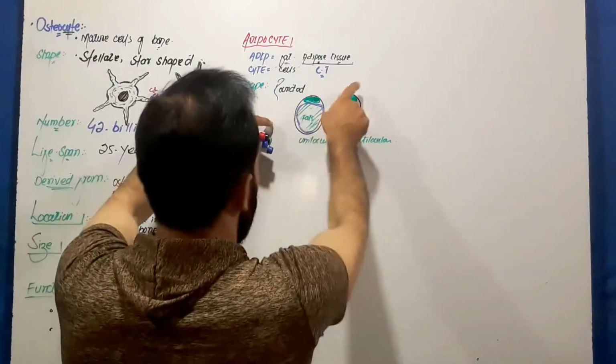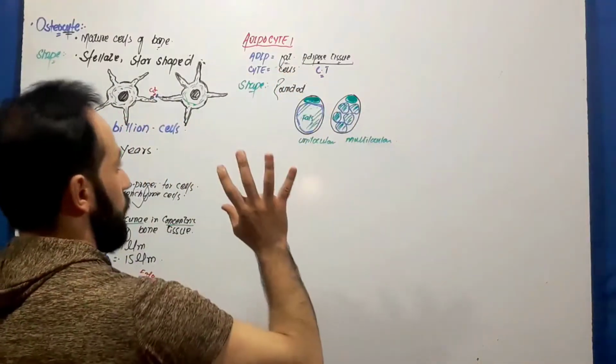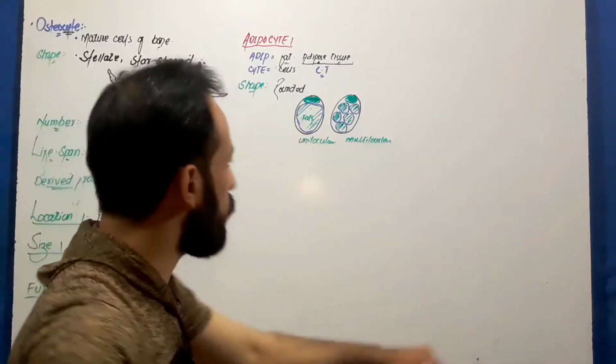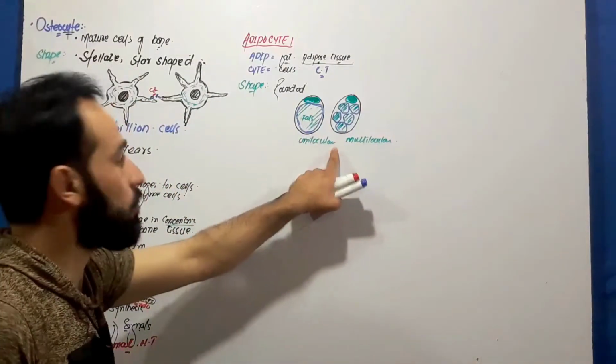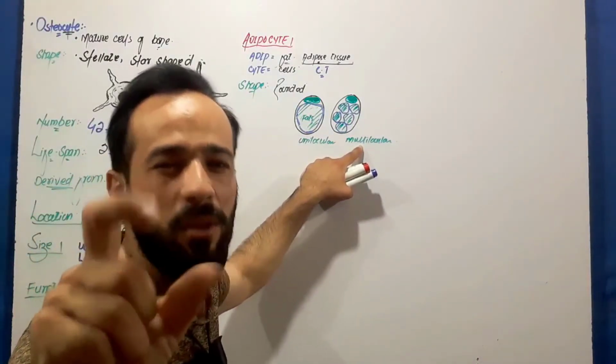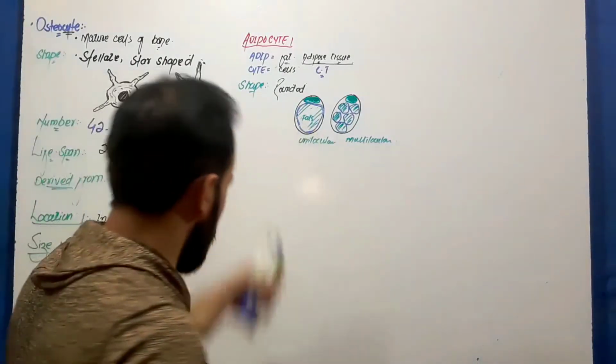So they have a rounded shape. The black line shows the cell, and inside it there are fats, right? Those cells which store fats in one big locule are called unilocular fat cells, and those cells which store fats in many small locules we call multilocular fat cells, right?